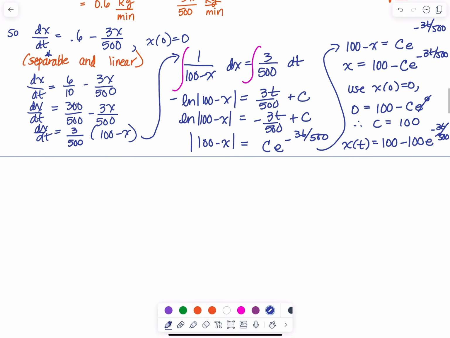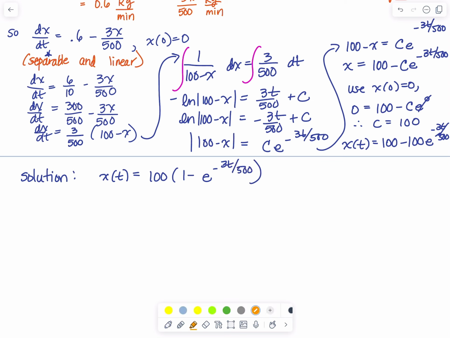So let's go ahead and take a look at this solution. So our solution is x of t is equal to, and we'll go ahead and factor that 100 out, 1 minus e to the negative 3t over 500.